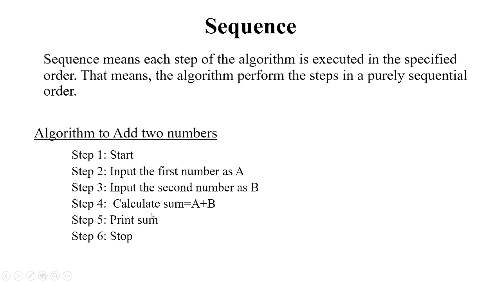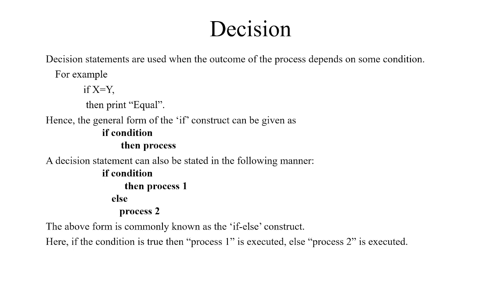In between, for sure, there will be reading the data, processing the data, and displaying the data. So steps 2 and 3 talk about reading the data. Step 4 talks about processing the data. And step 5 talks about displaying the result.